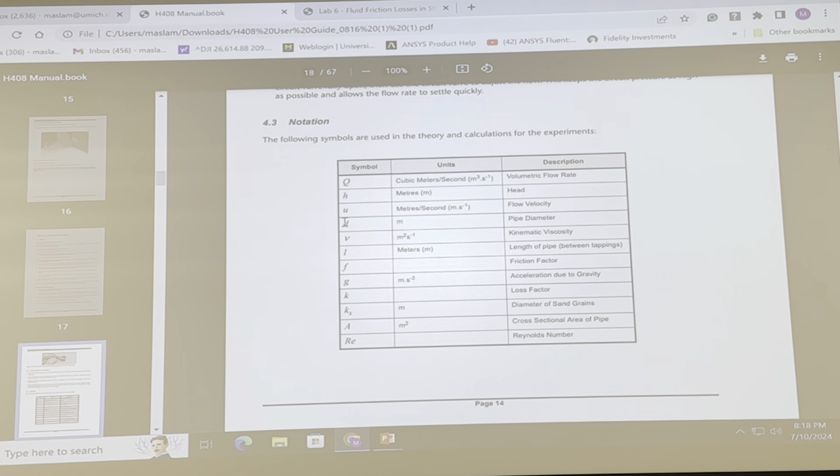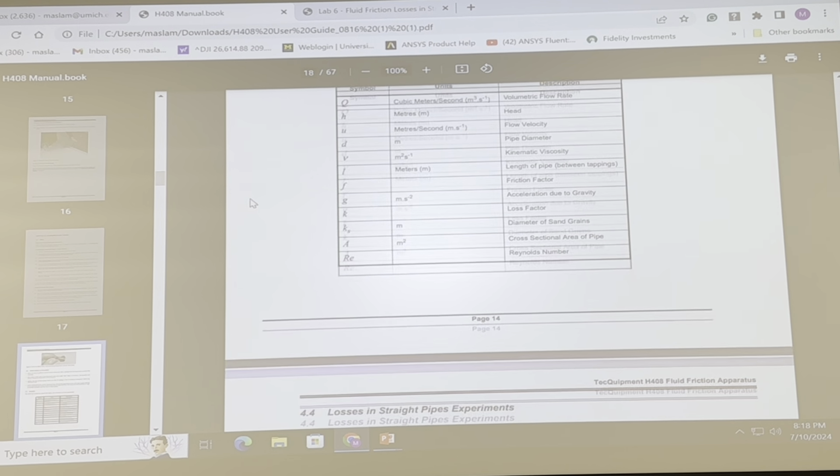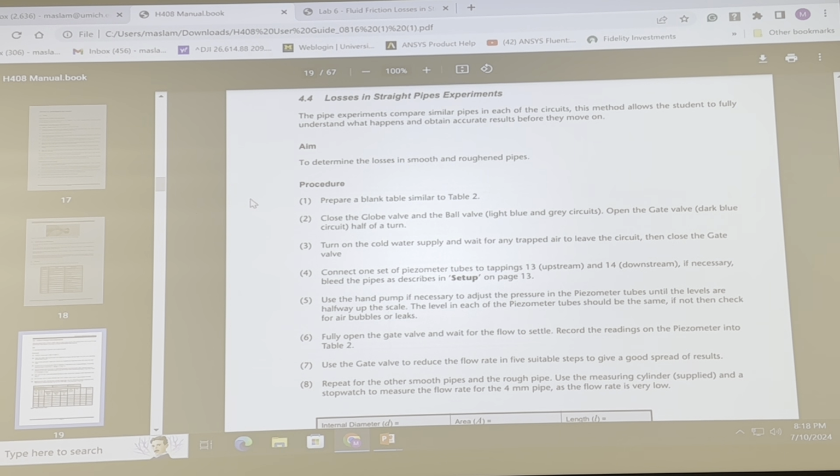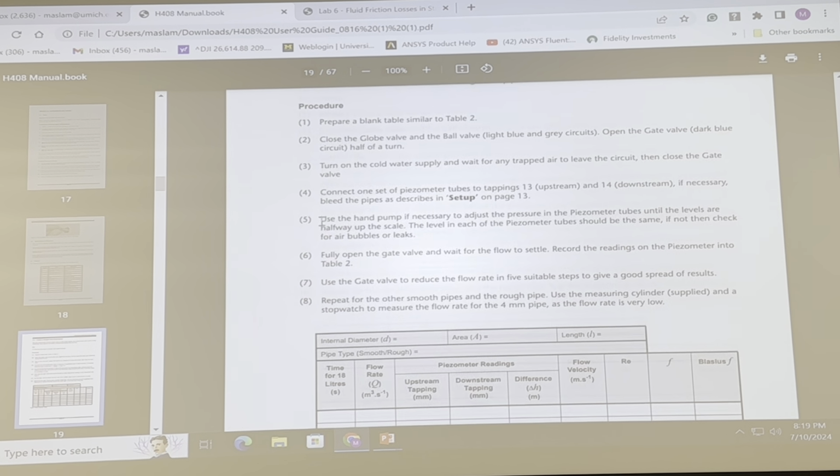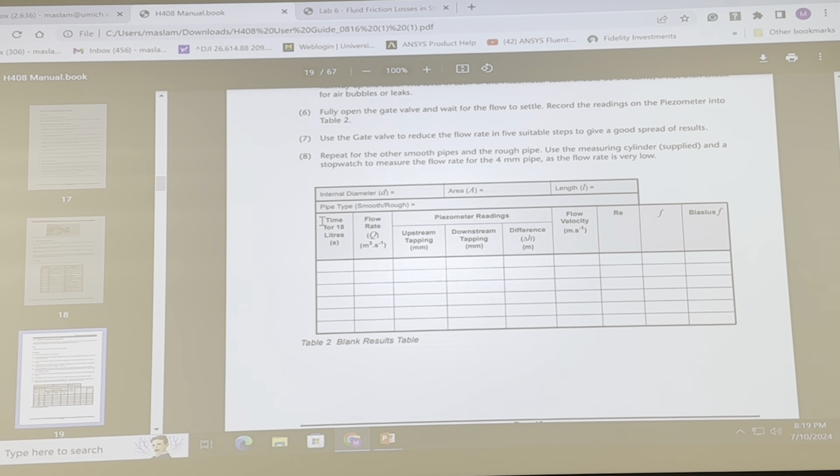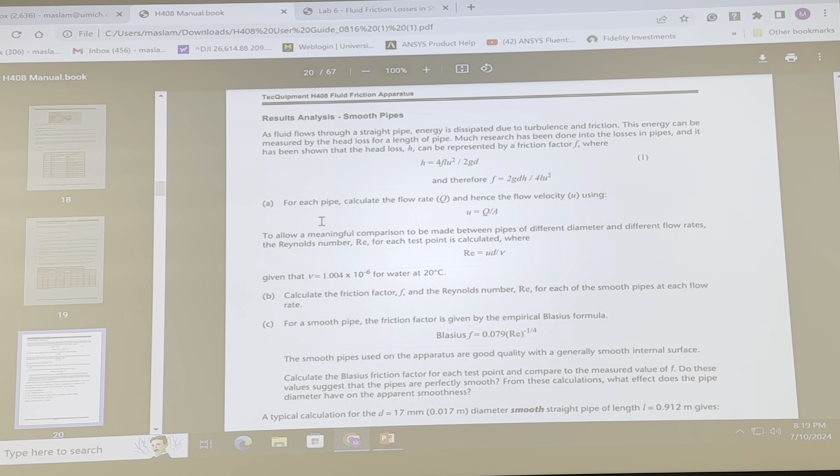From here, I'm going to scroll down. Now, first comes losses in straight pipes. That's on page number 19. It shows you how to do the experiment. I'm not going to go through that, but I'm going to show you where things are, the tables you need to collect the data, and the formulas associated with a smooth pipe.